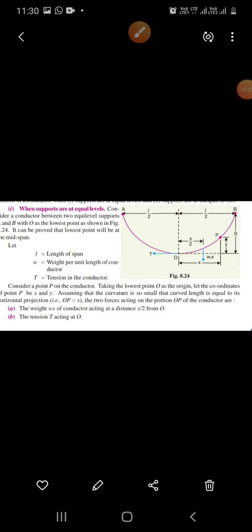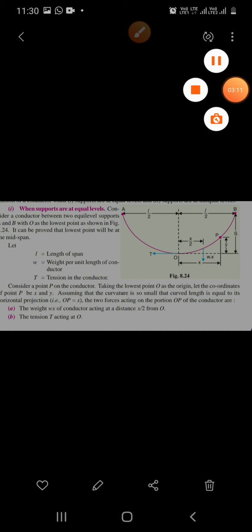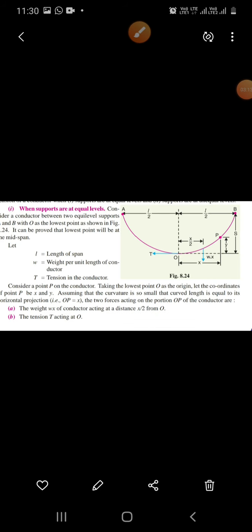Now I want to discuss the sag calculation. In our first case, when supports are at equal level, we have to calculate the sag. See the diagram.